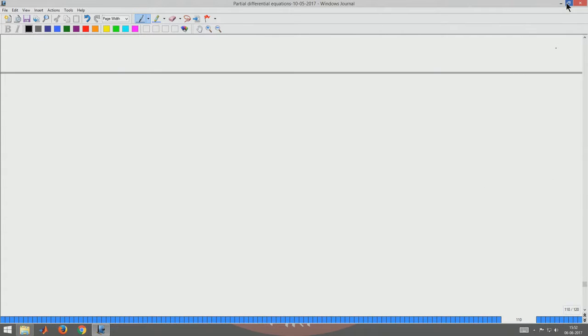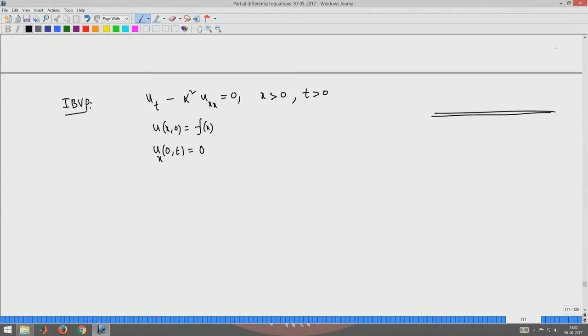So, if you have the initial boundary value problem u t minus alpha square u x x equal to 0, x positive and t positive, u at x, 0 is f of x, and u x at 0, t is 0. This is like you insulate that one end of the rod. All along we have insulated the lateral sides only, so that heat dissipation is only in one direction. So, here also you insulate this end, so that heat will not go out. That is what u x equal to 0 means.